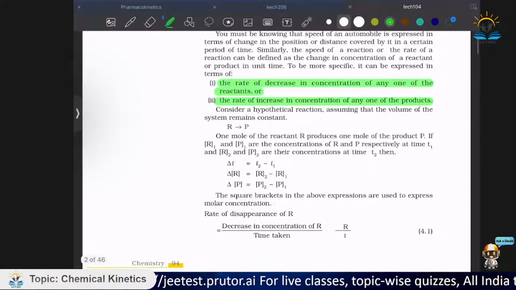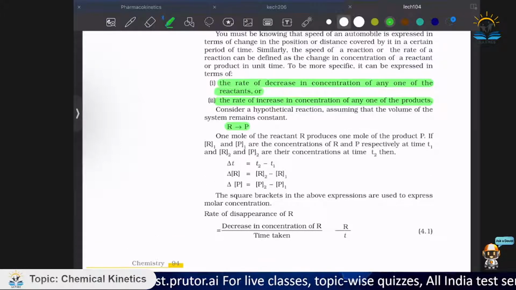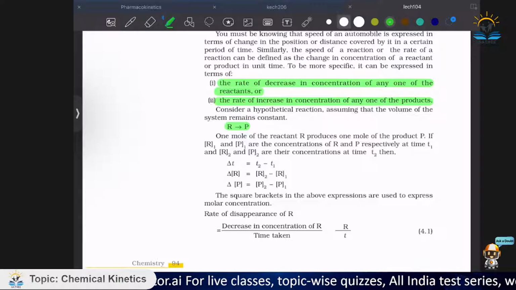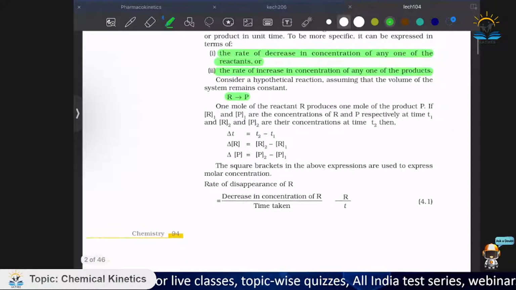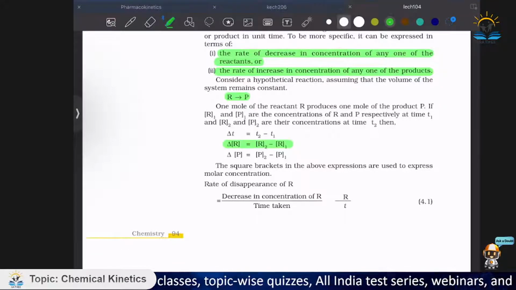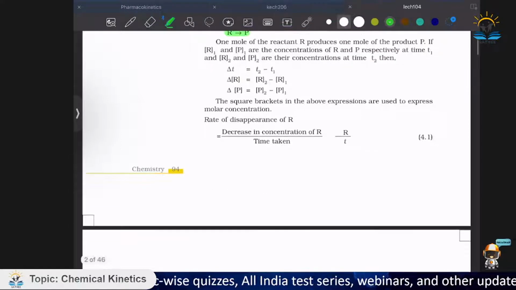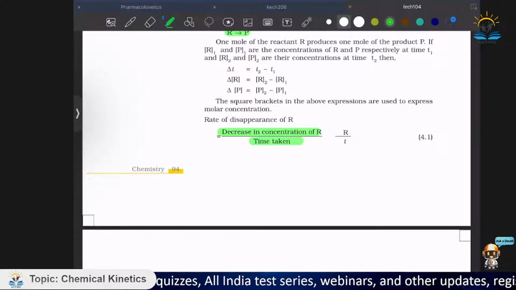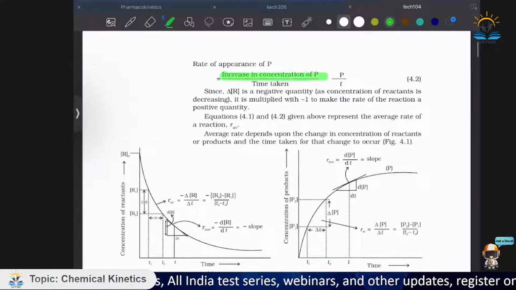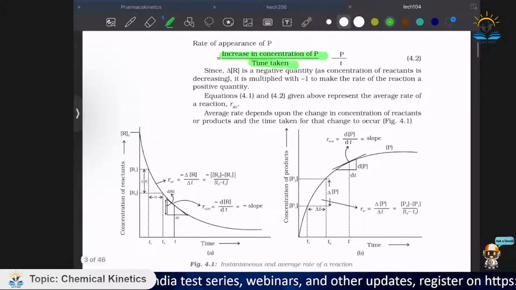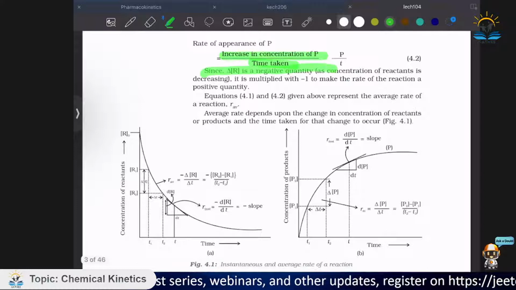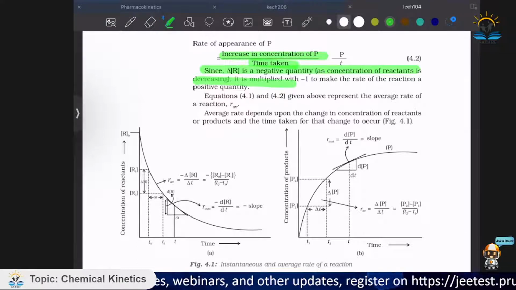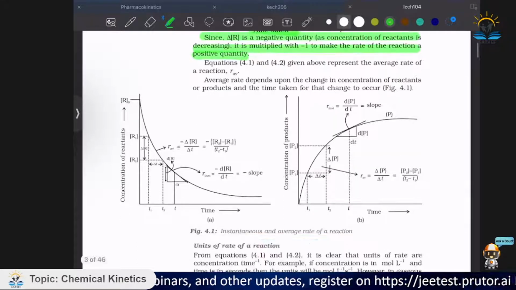They have considered a hypothetical reaction and they have given the rate as decrease in concentration of reactant divided by time taken, or increase in concentration of product divided by time taken. Since delta R is a negative quantity, it is multiplied by -1 to make the rate a positive quantity. We don't need to rely on that.